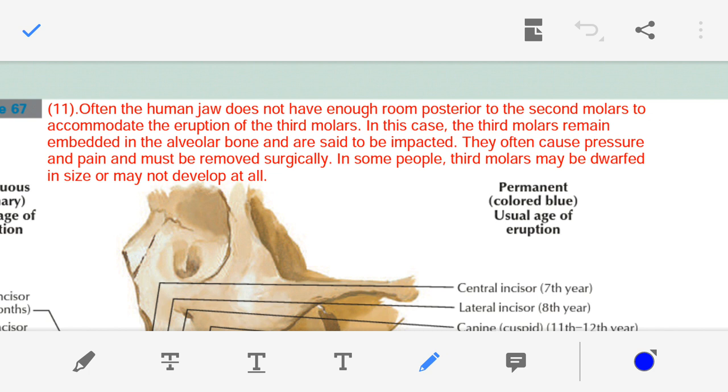So in this case, the third molar is embedded, it is present inside the alveolar bone, and we can say the wisdom teeth or the third molar is impacted in the alveolar bone of the jaw.